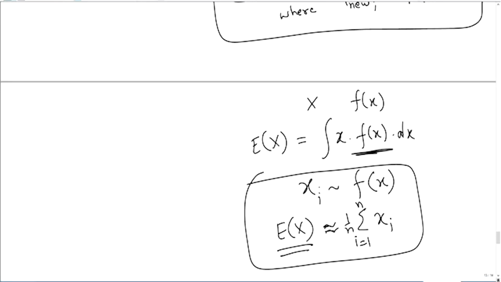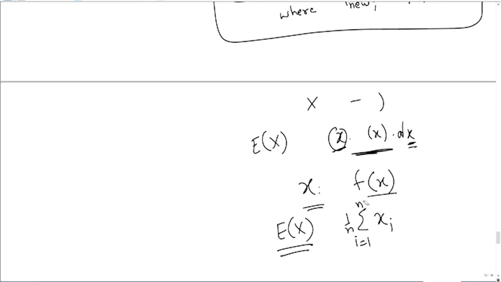Because f of x was the probability distribution of x with respect to which we are integrating, you sample the values of x from this distribution, and then plug those values into the remaining function inside the integration. What is the function inside the integration? Just x, right? So we write xi.